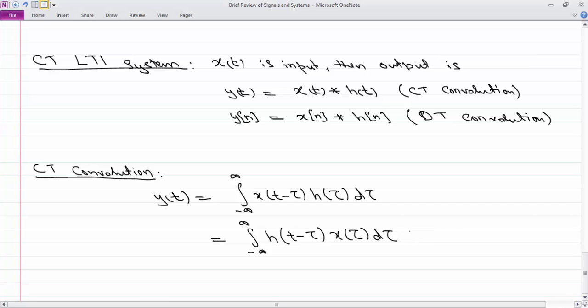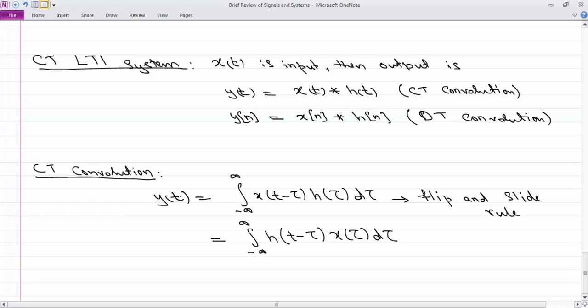Okay. And algebraically, you should think of it as what is called the flip and slide rule. So mathematically, what is this saying?